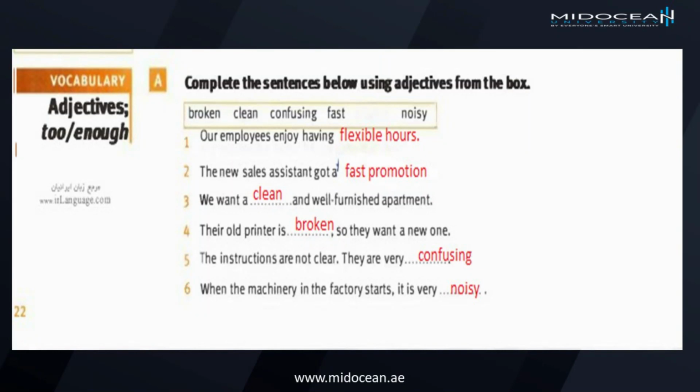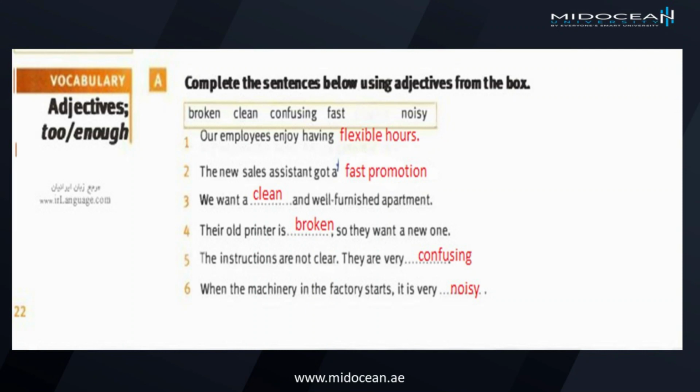And here, as you know, the word promotion means a move to a more important job or rank in a company or an organization. Sentence number 3. We want a clean and well furnished apartment. 4.